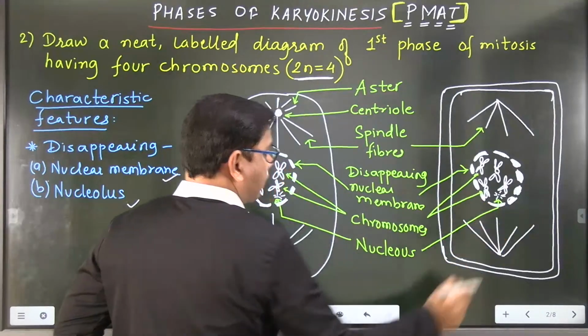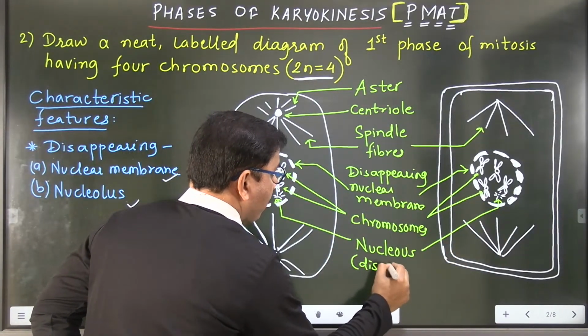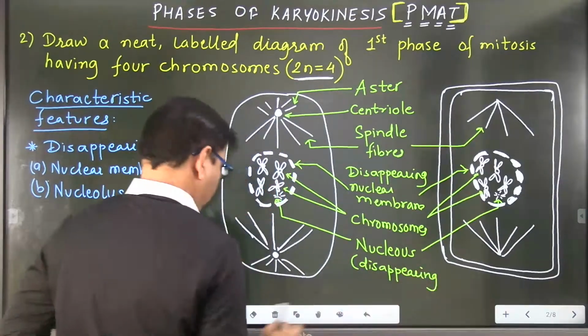Disappearing nucleolus. Just write nucleolus. If you want, you can mention disappearing. Correct?